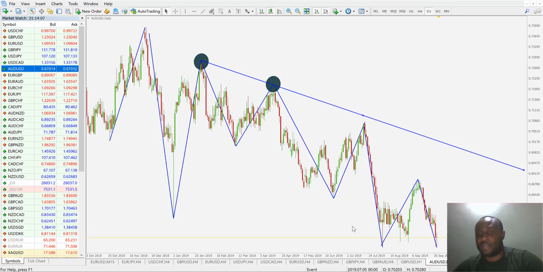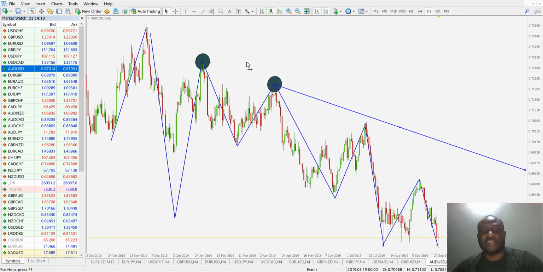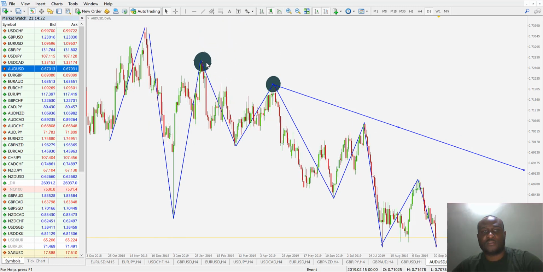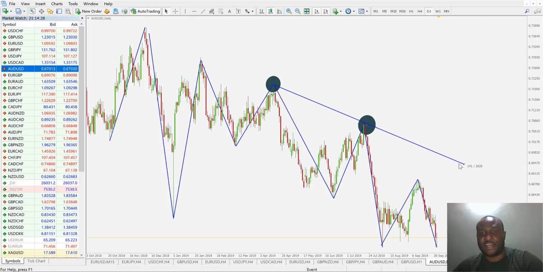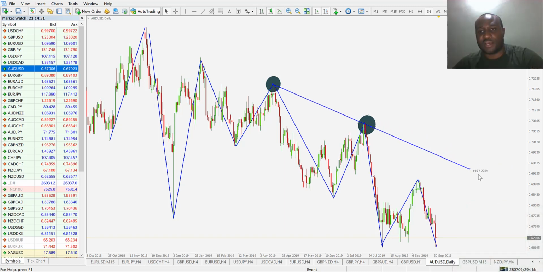And that's okay. Once that happens, all I need to do is move my trend line again. So that will then become my first one. And this will become my second one. And so I will adjust the line again to just be there.